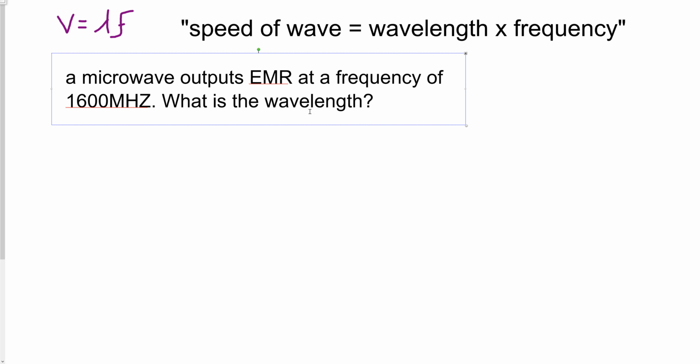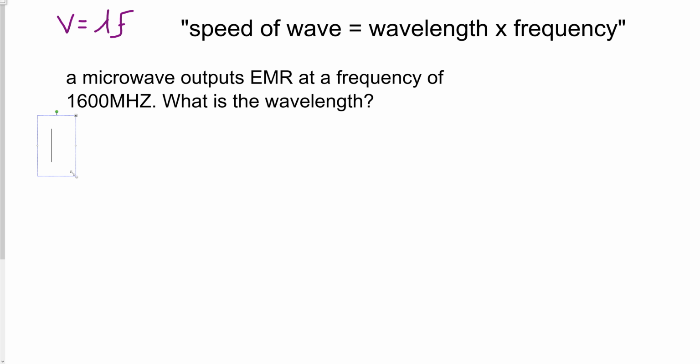A microwave outputs EMR at a frequency of 1600 megahertz. What's the wavelength? So we look at our formula up here, V equals lambda F. And since we know this is an electromagnetic wave, it's not a sound wave, it's not a wave at a beach, we know that V is the speed of light.